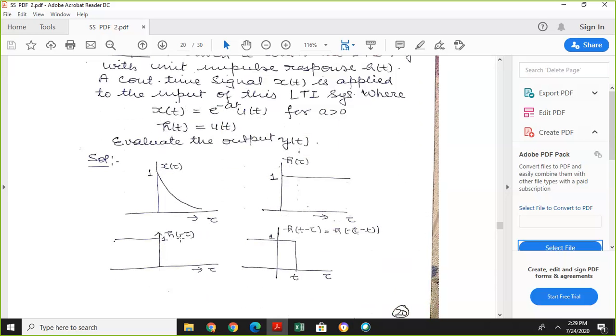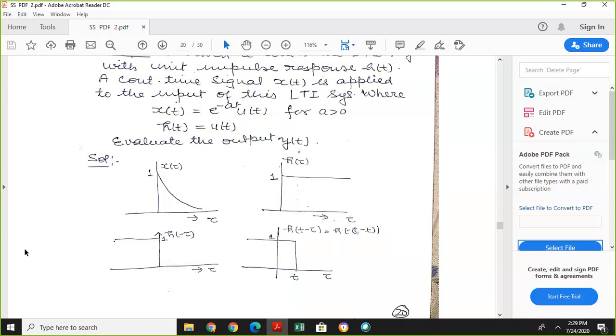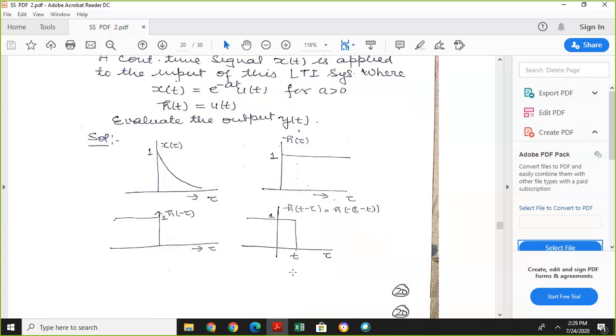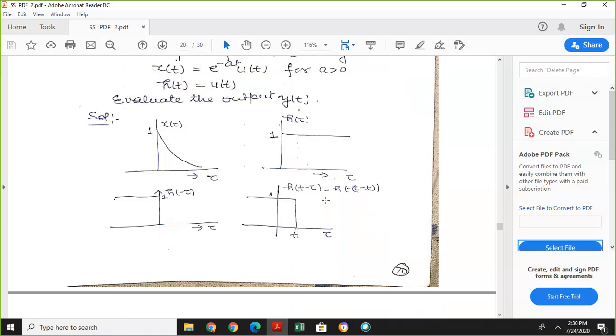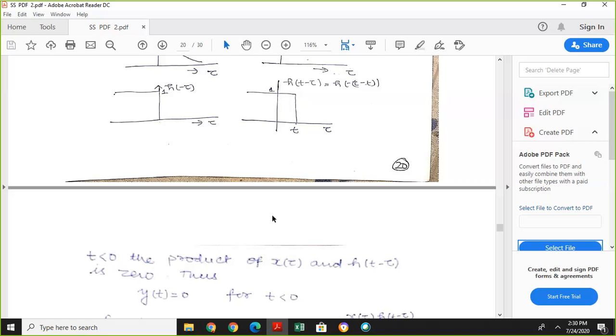You get h of minus tau, and then shift or time delay this signal by t, or simply shift this signal towards the right. You get x of tau h of t minus tau. So next step is to multiply these two.